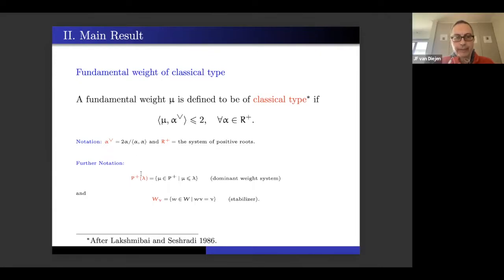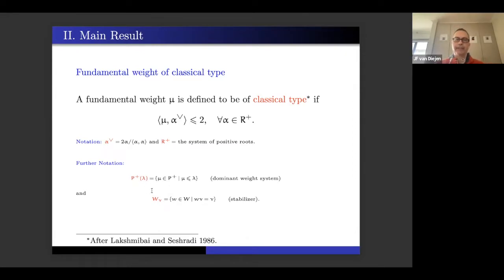So okay, some further notation. P plus is the dominant weight system, I mean the dominant weights in the weight system with highest weight lambda. So these are all the dominant weights smaller than or equal to lambda in the dominance order. This W nu refers to the stabilizer of nu, so the Weyl group elements which stabilize nu. So I will use this notation.